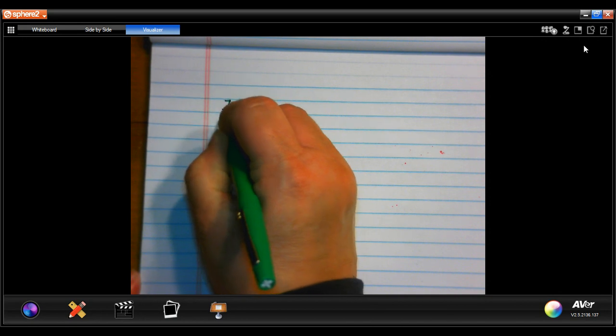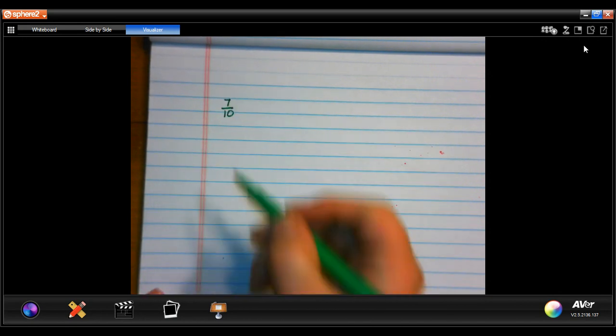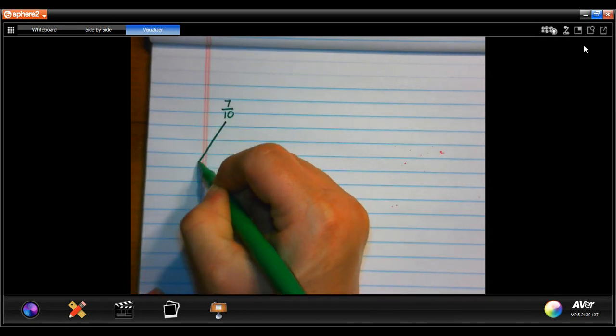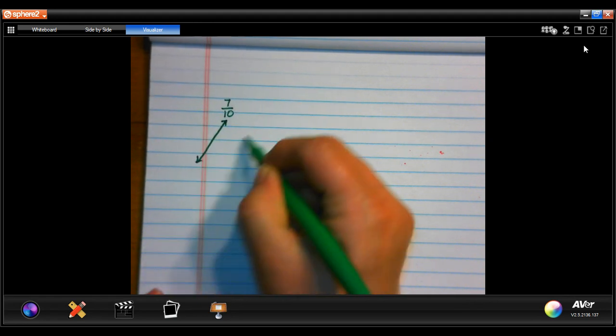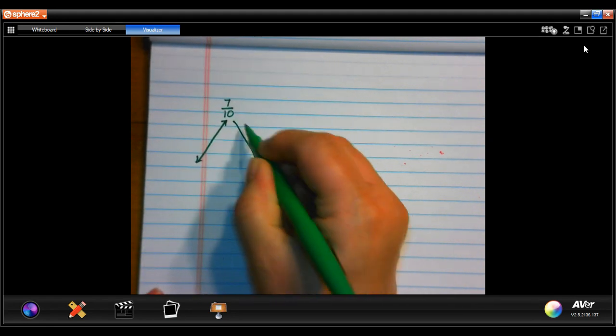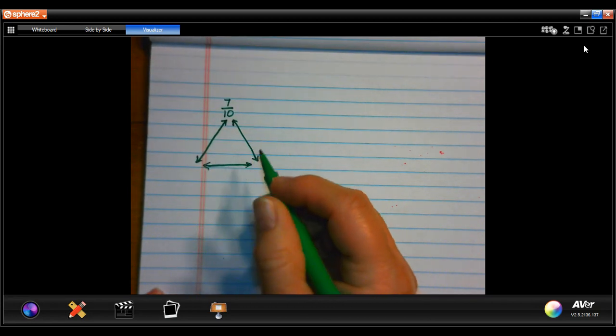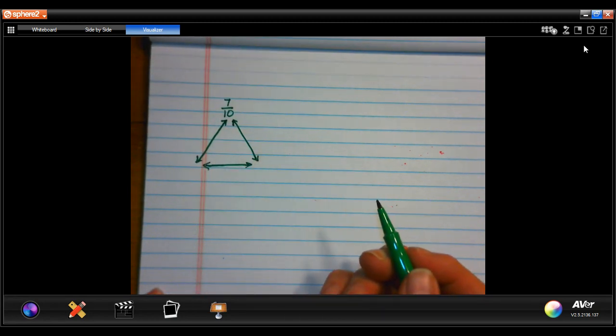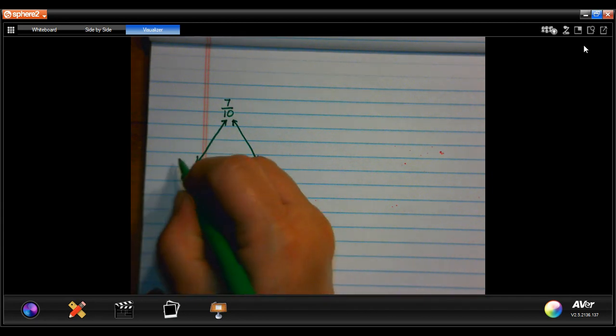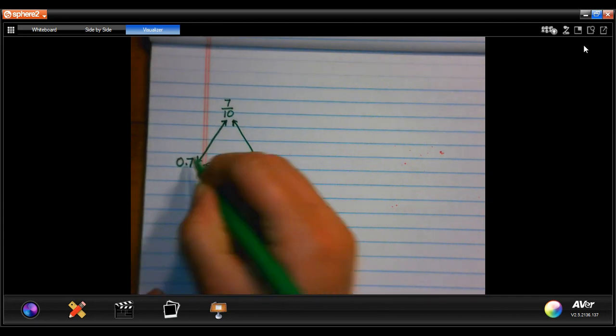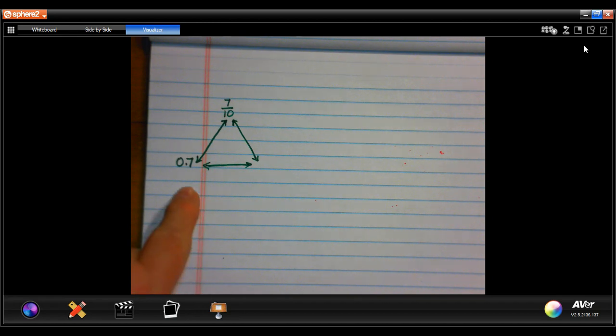So I'm going to put this on my paper, and it's a fraction, so I'm going to put it at the top of my portion web, remembering that I don't have to do fancy portion webs. I just need to make sure they look like some kind of a triangle. And 7/10, if I read that correctly as a decimal, I know that to write it as a decimal, I write 0.7, just like you see on my paper.